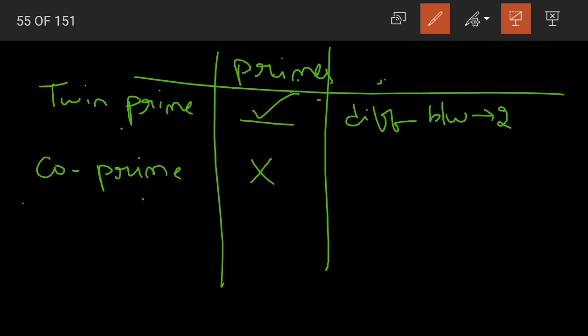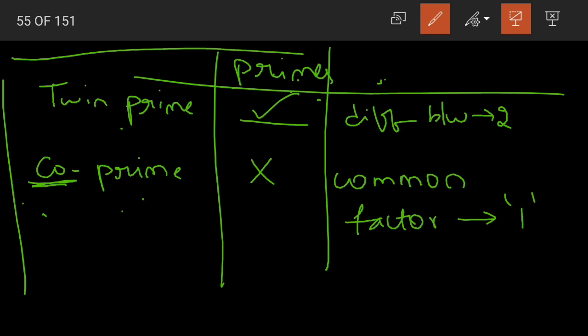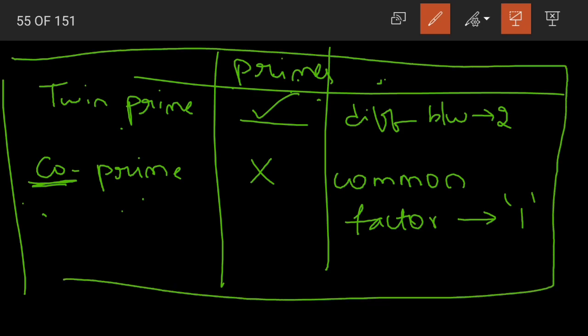The difference between the given two prime numbers should be 2. But for co-primes, co, so common, the common factor of the given numbers should be 1. Only 1, children. Other than 1, the given numbers should not share any other common factors. Understood? This is all about twin primes and co-primes.